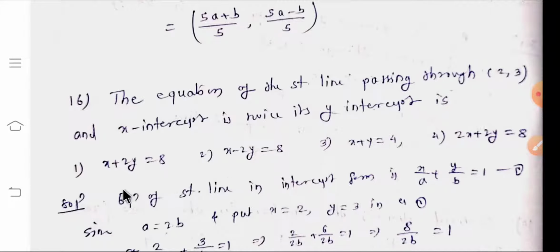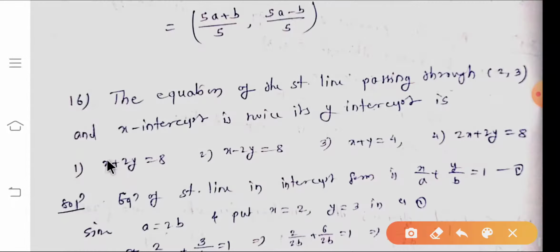So by the inspection method, check which satisfies the required equation, that is one solution. If x = 2, y = 3, 2 + 2 3s are 6, 2 + 6 is 8, means the first option is the right option. By inspection we get, if we substitute in the third option x = 2 and y = 3, 2 + 3 is 5, 5 is not equal to 4, therefore this is not the equation.